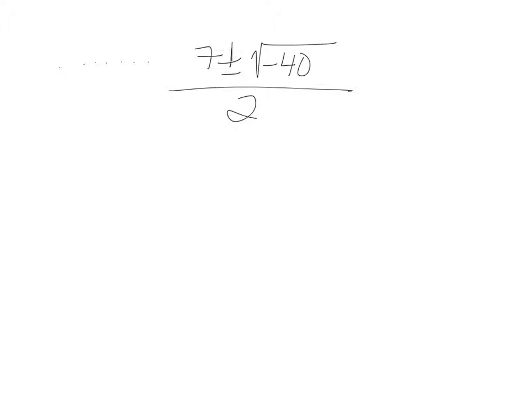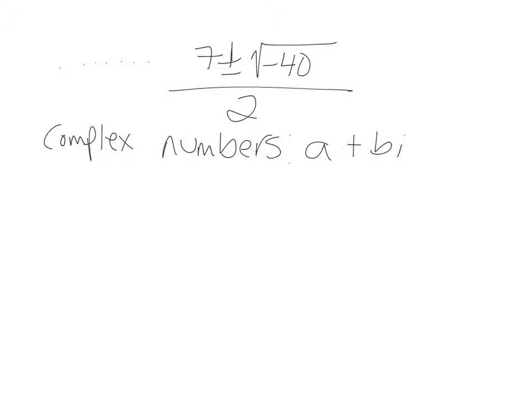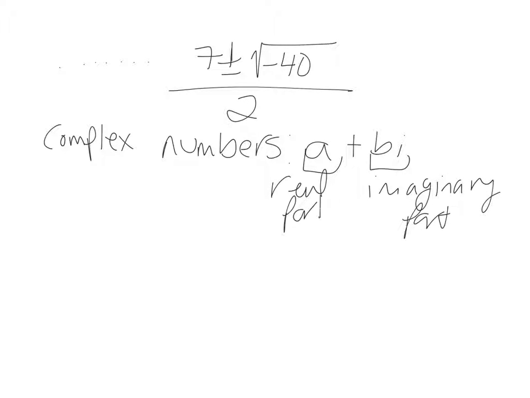just a reminder, complex numbers are a plus bi, where this is the imaginary part. This is the real part. Okay, so now you might have to write, okay, well I know that this is 7 plus or minus, I can pull out that i times the square root of 40 all over 2.